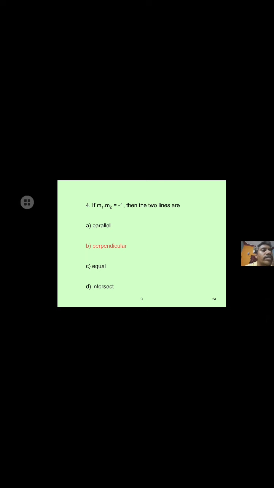And if you want to write the second line equation, which is perpendicular to equation 1, that is 3x plus 4y plus 8 equals 0, now to form the second equation we take the coefficient of y from equation 1, that is 4.